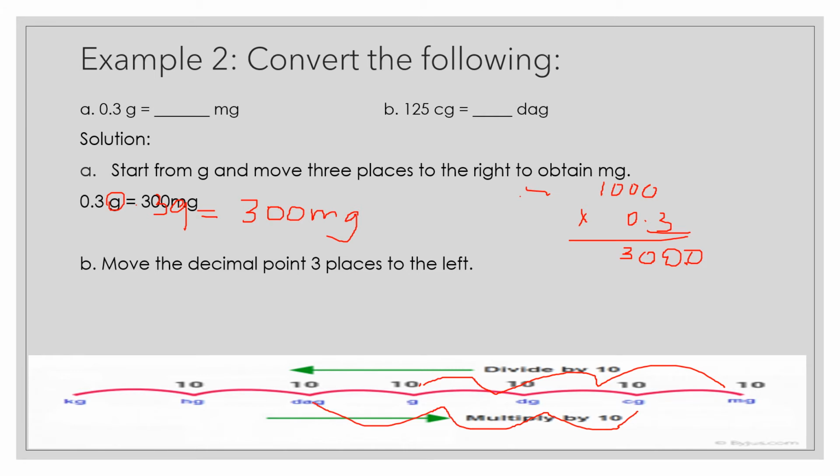So that means 125 centigrams, 1, 2, 3, that means 0.125. Okay, correct? Let's check. That's it. Okay, it is correct.